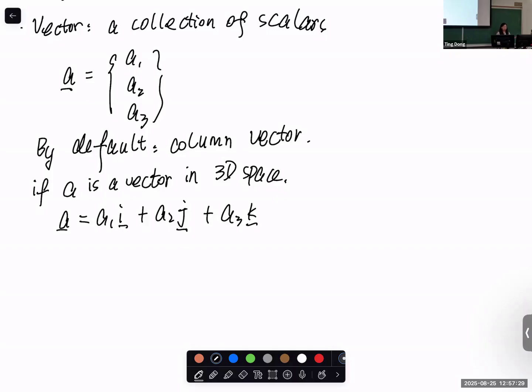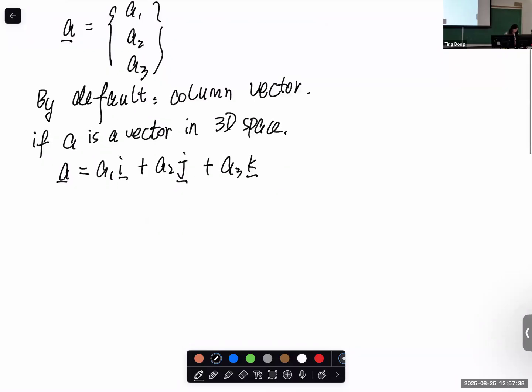So from vector form to this IJK form, or from the IJK form to vector form, you should know what it means. So the IJK, they are the unit vectors in the X, Y, Z directions.